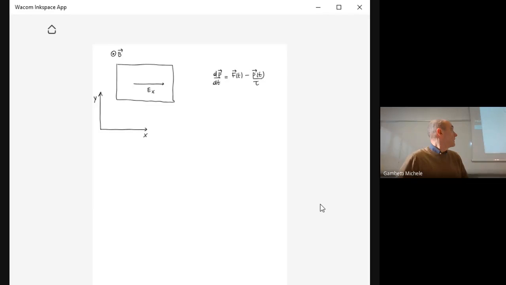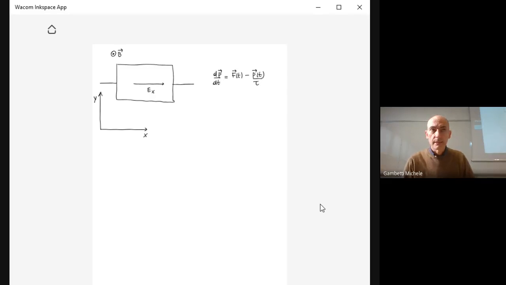So what we do now is to apply the second law of dynamics that includes the contribution of the collisions to this picture. We have expectations concerning the sign of EY.